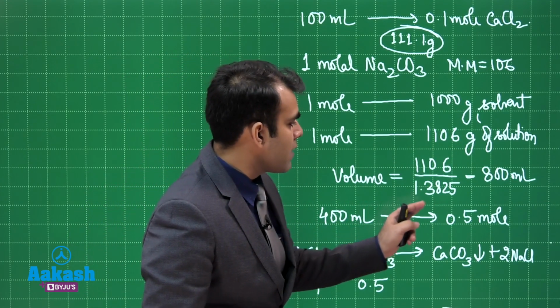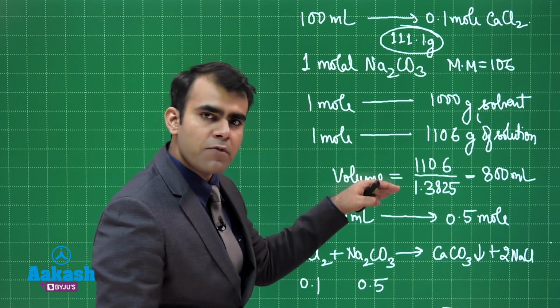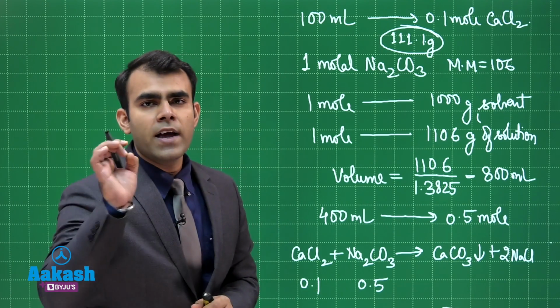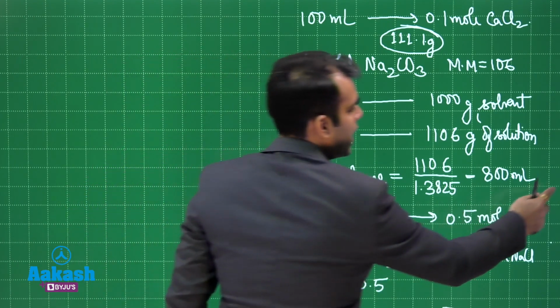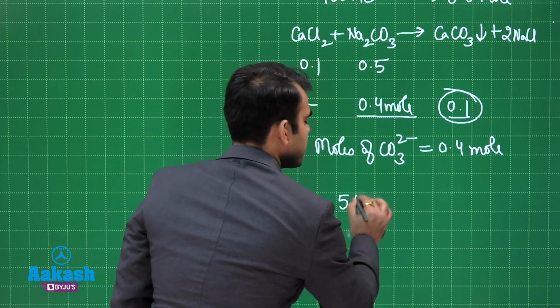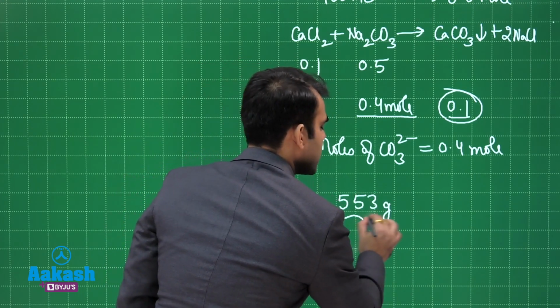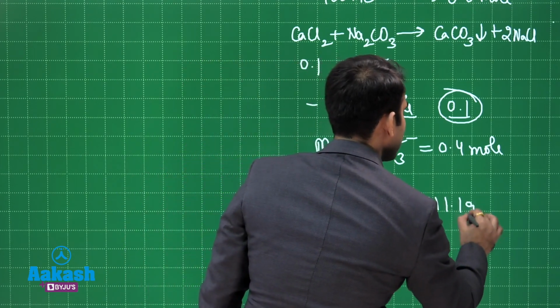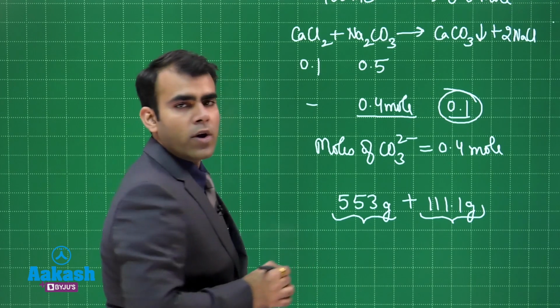But in actual we have only 400 ml, it means half of that. So half of the mass, and half of the mass of 1106 is 553. So I have 553 gram from mass of Na2CO3 solution and 111.1 gram from calcium chloride solution.